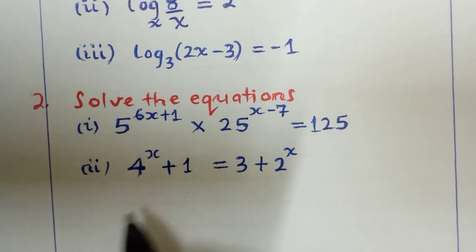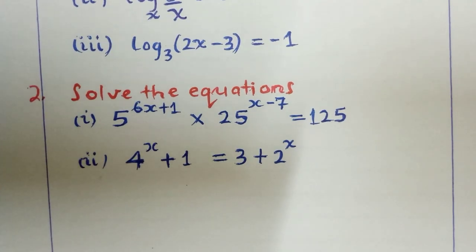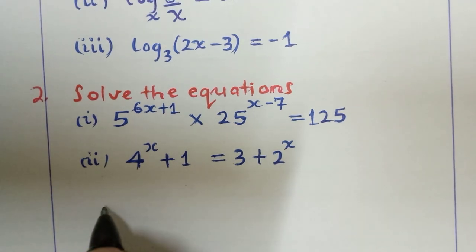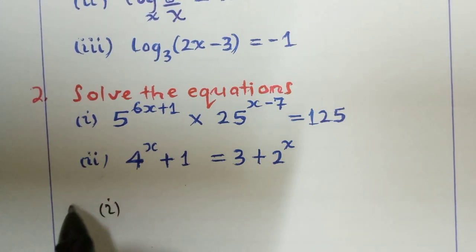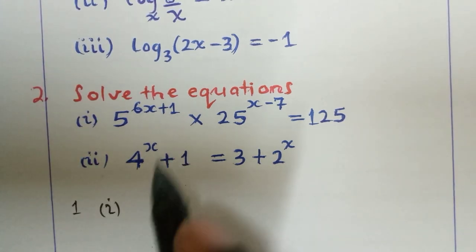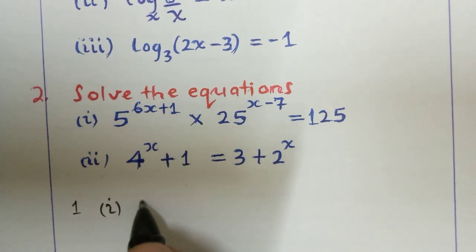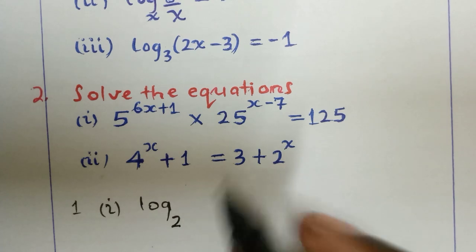I'll do it right here. I don't need to write it again, I just go direct and do it. That is Roman 1, question 1. We are going to express 4 in terms of 2. So I'll write log to base 2.